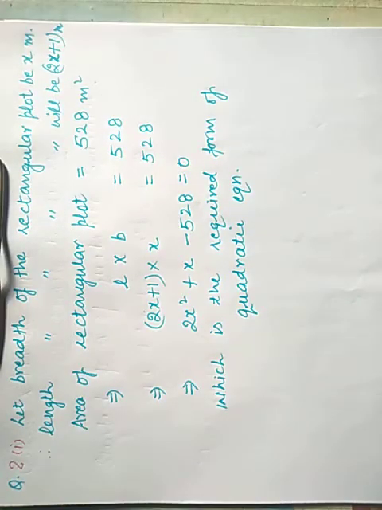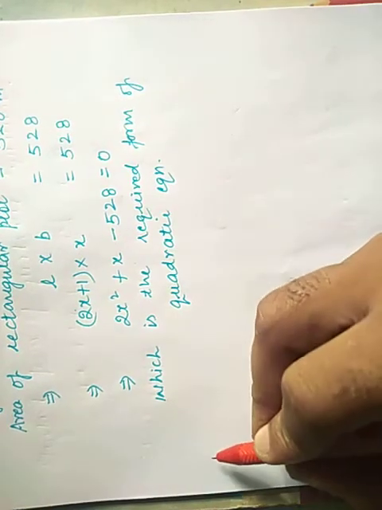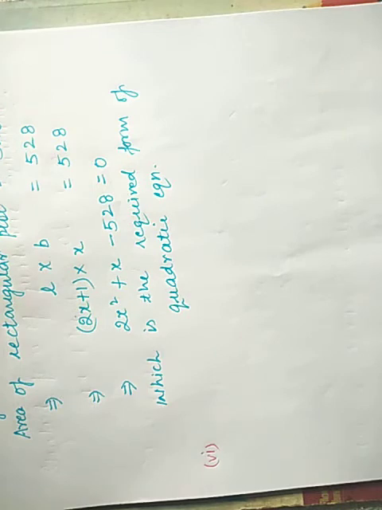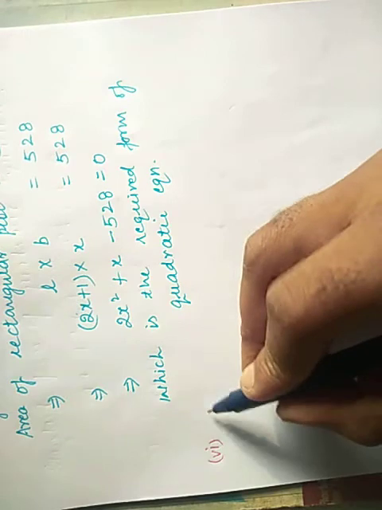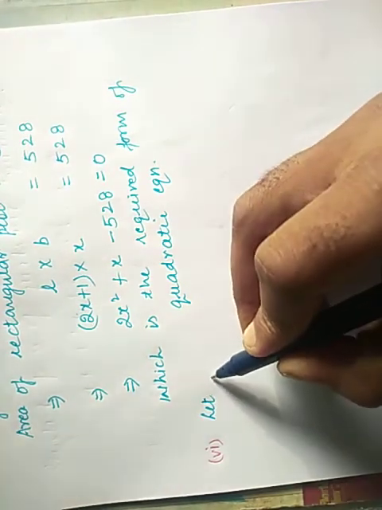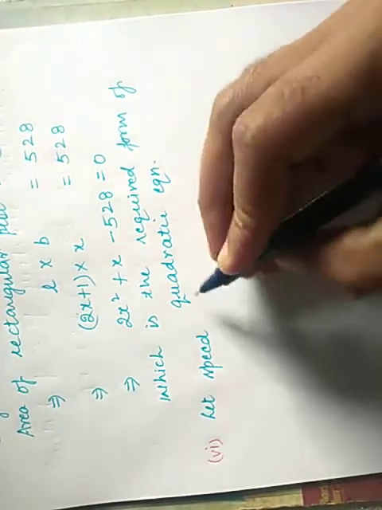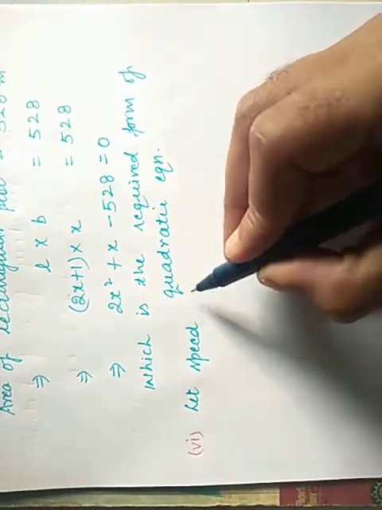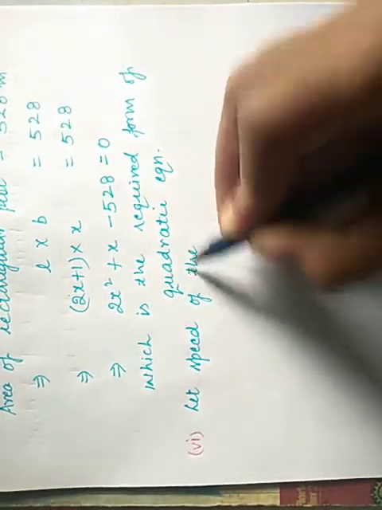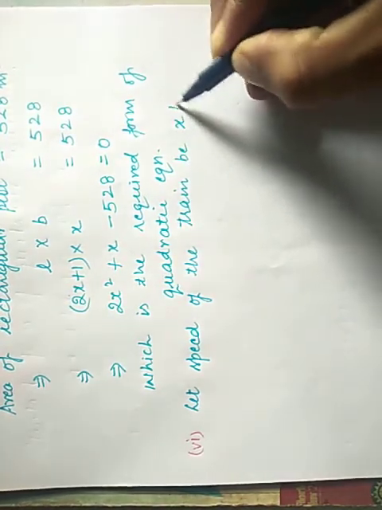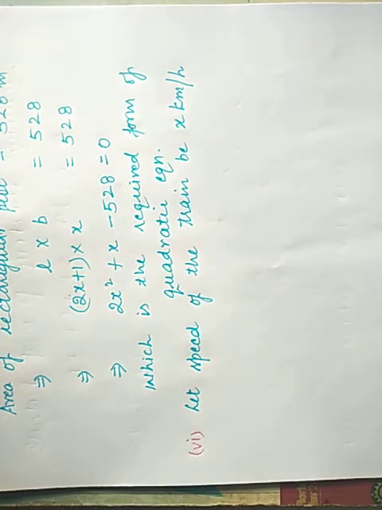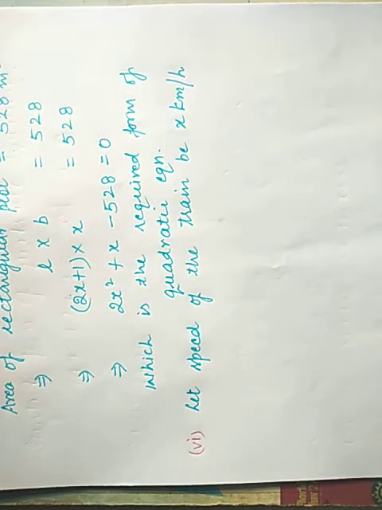Let us solve this problem. This is the fourth part of second question. Let the speed of the train be x kilometer per hour.